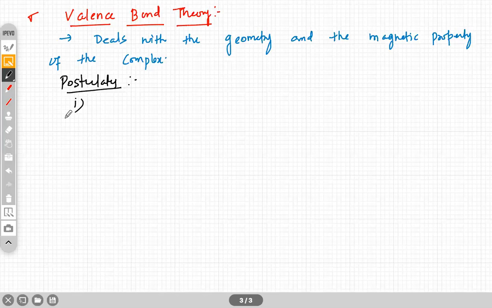So it is very similar to the valence bond theory in simple compounds. I'll repeat: depending on the coordination number, the central metal atom has an equal number of vacant s, p and d orbitals.